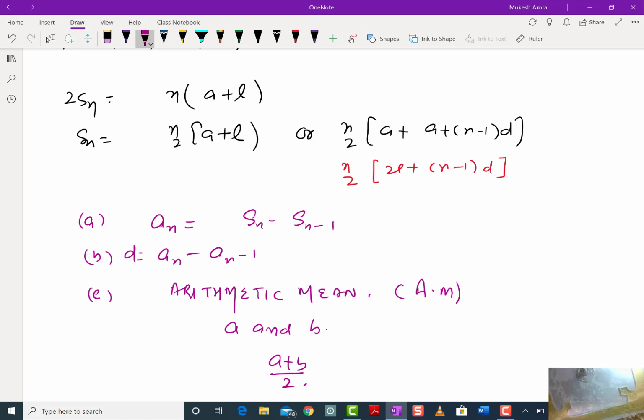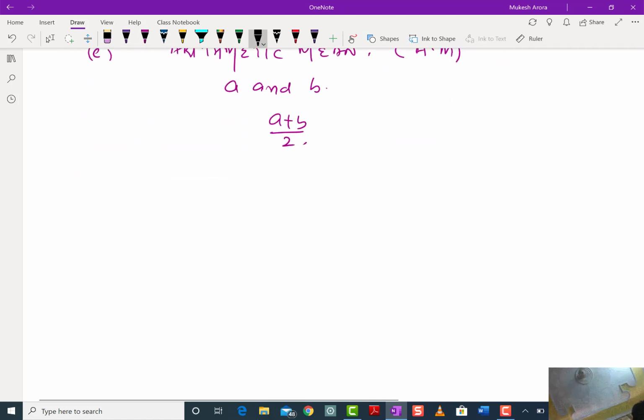Right? And another important fact: when the question says that three numbers are in AP, then we take the three numbers as a plus d, a, and a minus d.